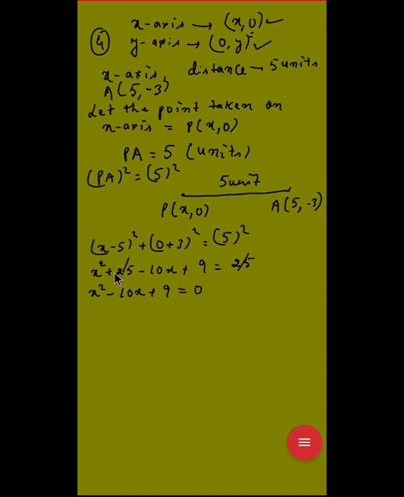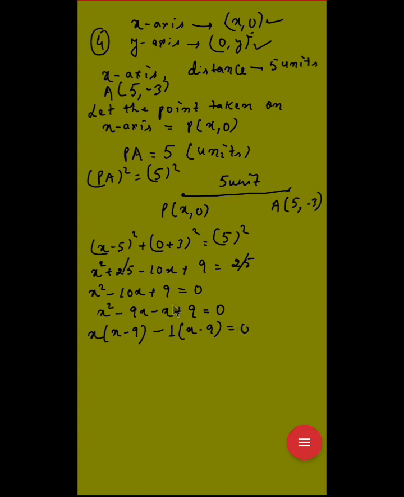So we have x square minus 9x minus x plus 9 is equal to 0. Taking x common from here, x in bracket (x minus 9), and again taking minus 1 common, so it gives minus (x minus 9) is equal to 0.